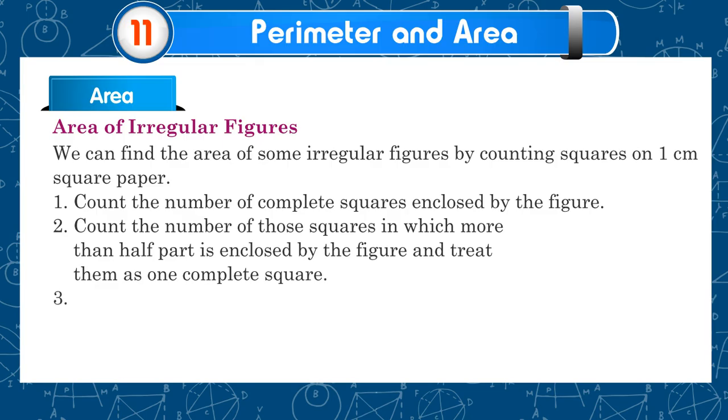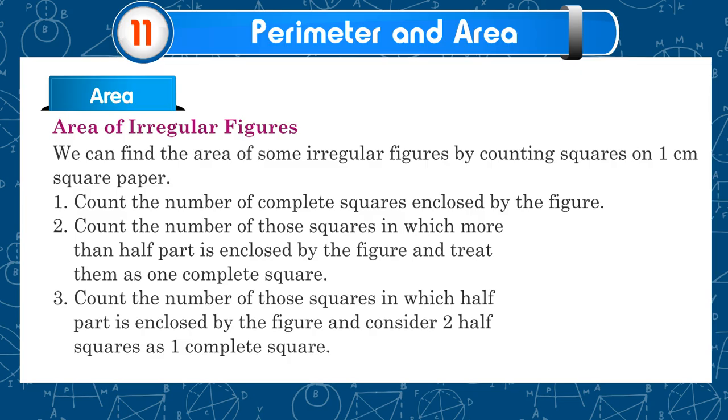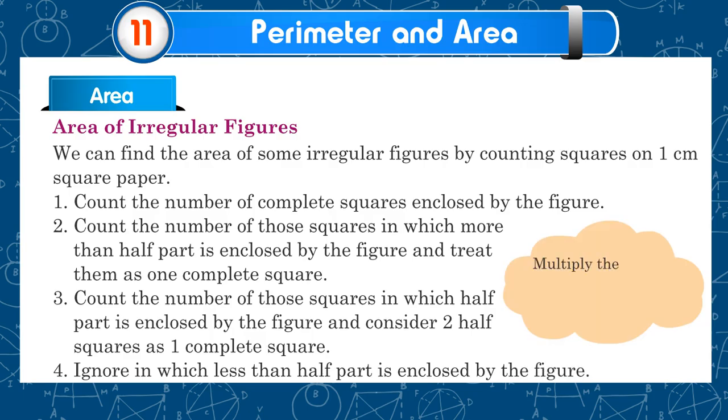Count the number of those squares in which half part is enclosed by the figure and consider 2 half squares as one complete square. Ignore those in which less than half part is enclosed by the figure. Multiply the number of squares in length and width to find the total area.